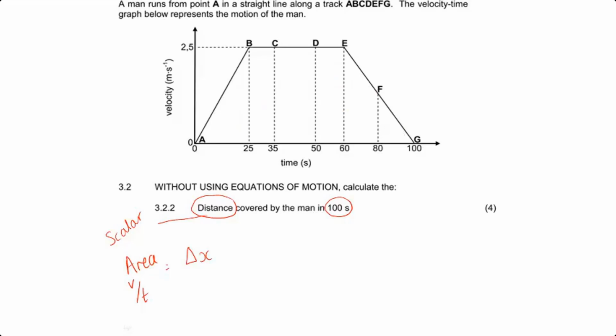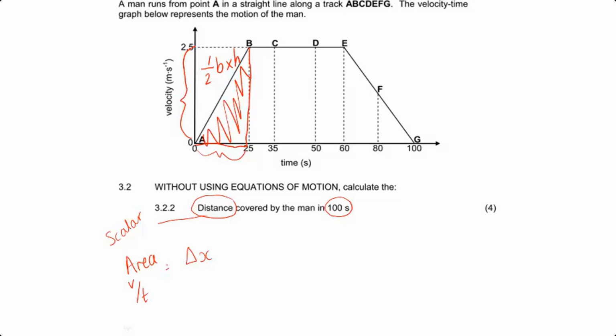So how do we get the area? We break it up into this triangle, and its area is going to be half base times height, where the base we could take as 25 and the height as 2,5.